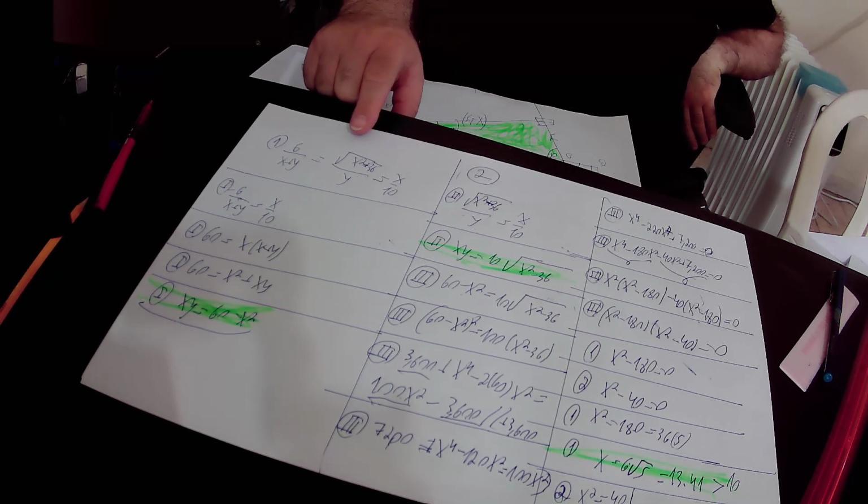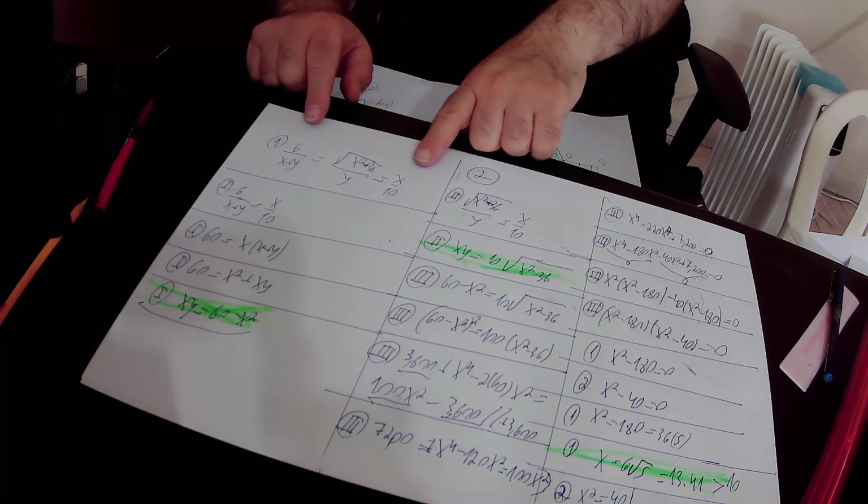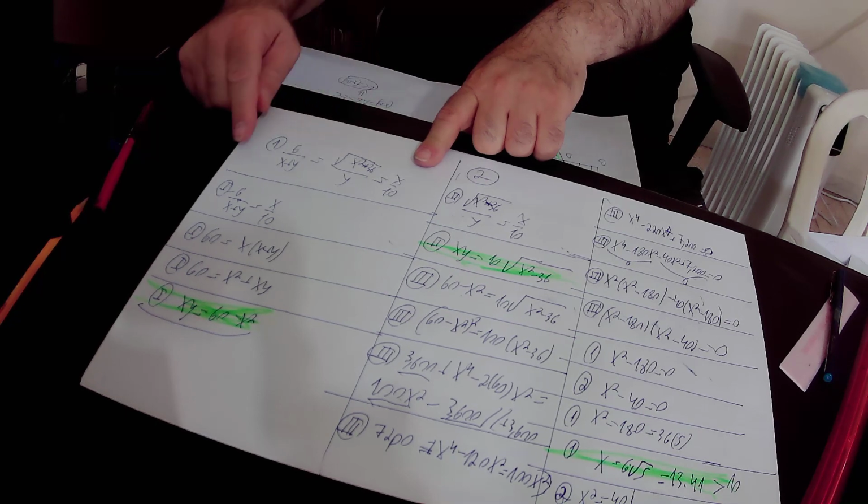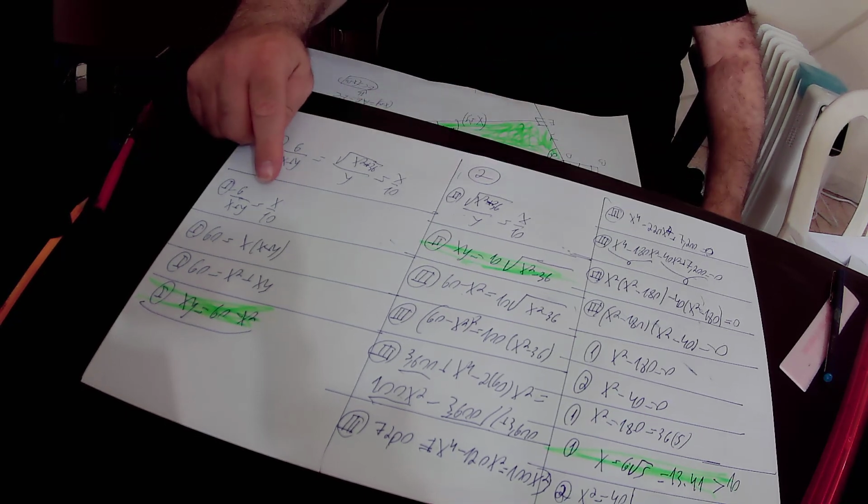From this equation, we created two different equations. The first equation states that those two expressions are equal to each other, that is to say 6 over x plus y equals x over 10.